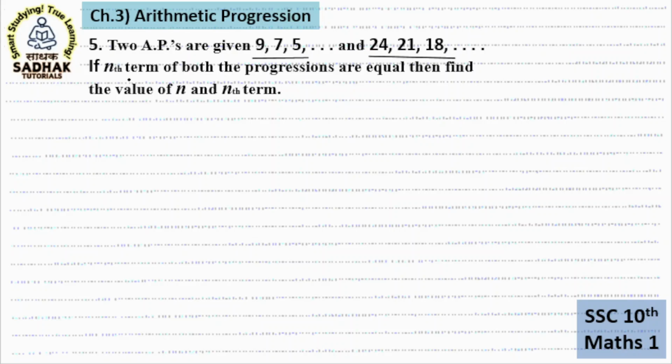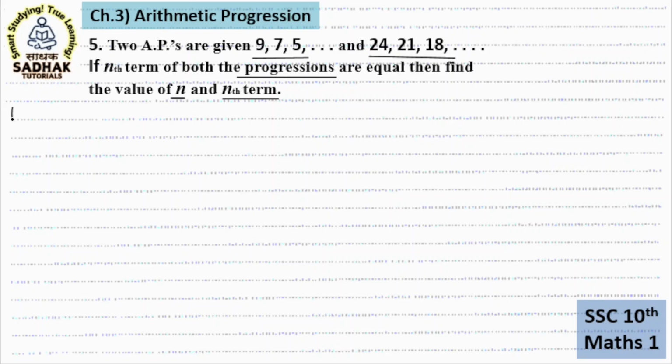They are saying that the nth term of both the APs is equal. So that means Tn of the first AP is equal to Tn of the second AP. That is the condition given. So we have to find out what n is and what the nth term is. Fine, so let us start solving this.